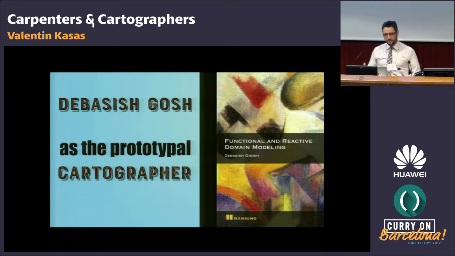And so we have both mindsets, the cartographer and the carpenter. And both are not completely antagonists. Actually, in the same day, we can be a cartographer in the morning and then become a carpenter in the evening, right? It's not that I am a carpenter or I am a cartographer.